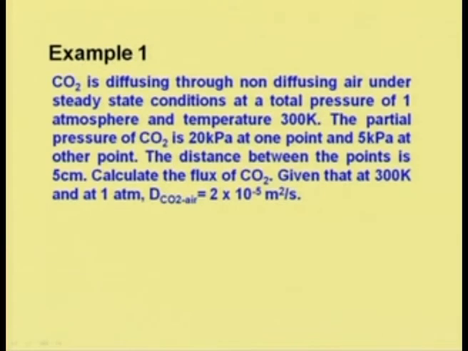Now, consider carbon dioxide is diffusing through non-diffusing air under steady state conditions at a total pressure of 1 atmosphere and temperature 300 Kelvin. The partial pressure of CO2 is 20 kilopascal at one point and 5 kilopascal at the other point. The distance between the 2 points is 5 centimeter, and we have to calculate the flux of CO2.